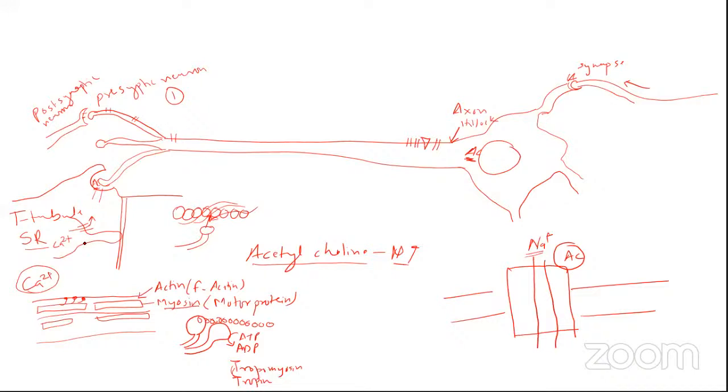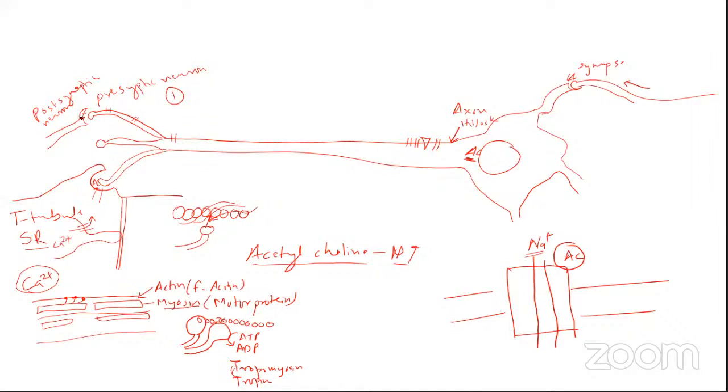Depolarization. Right. So will this depolarization be propagated all throughout the next neuron? Yes, sir. Right. So now if I excite the first neuron, that means I cause a depolarization here.